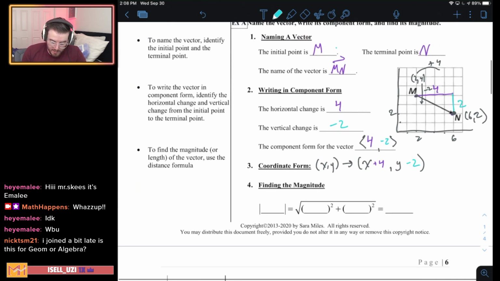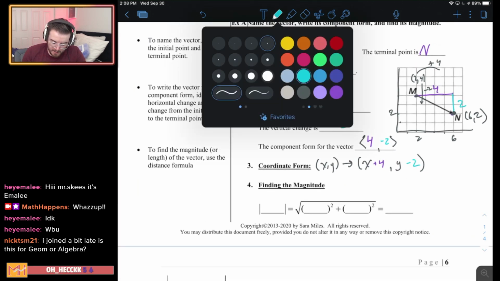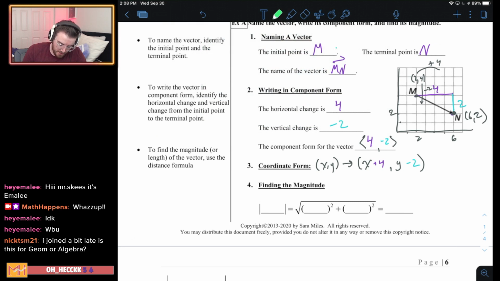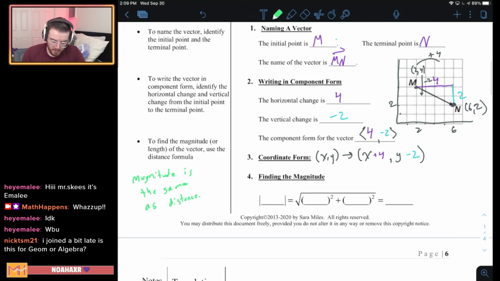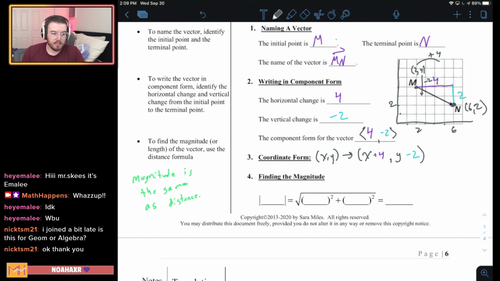I said earlier that magnitude is a fancy word for distance. Let me write that down again over here. Magnitude is the same as distance. And we're looking at geometry. So if you recall, distance is the Pythagorean theorem.